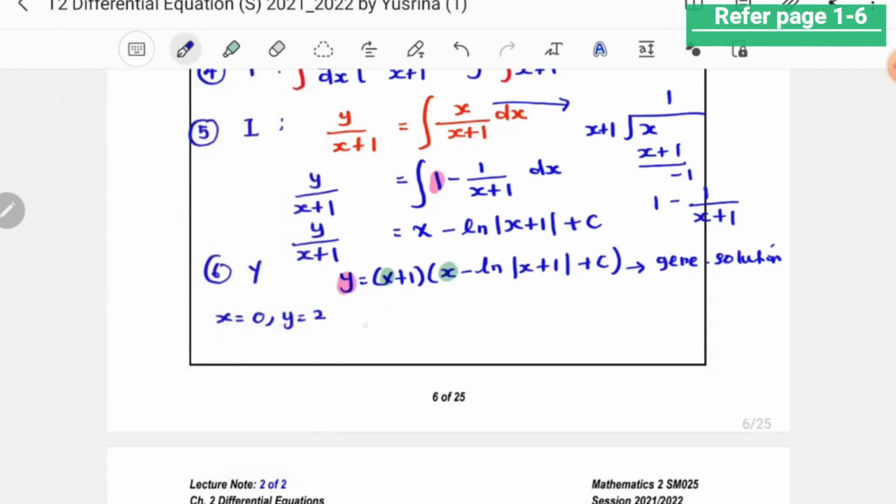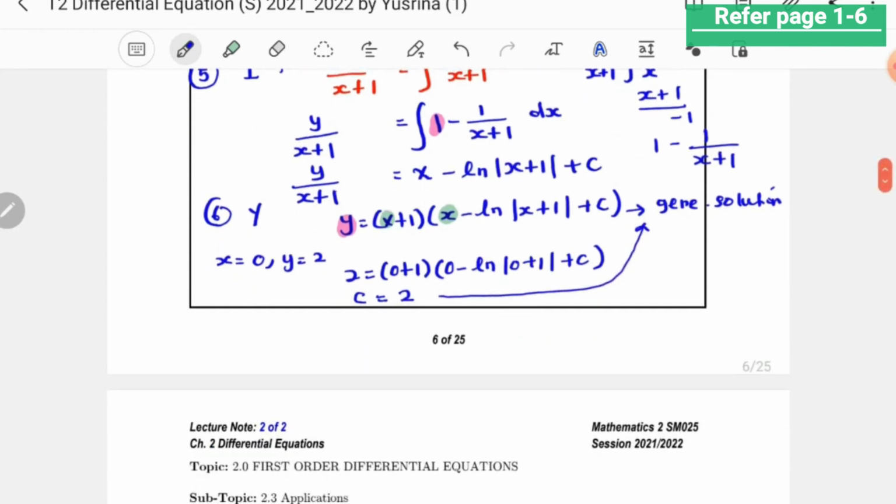Okay, 2 equals (0 plus 1) times (0 minus ln(0 plus 1) plus c). And then calculating, we get c equals 2. Then you substitute the value 2 into the general solution, and we get the particular solution.